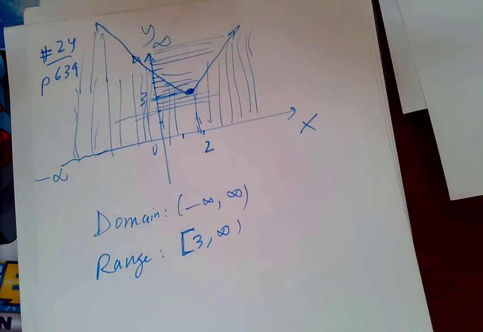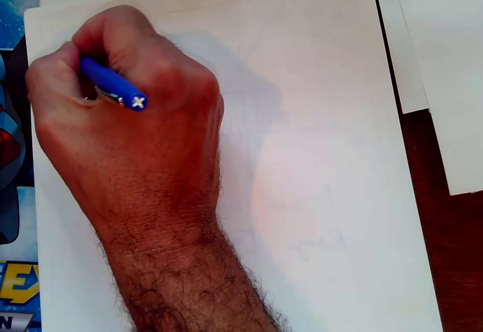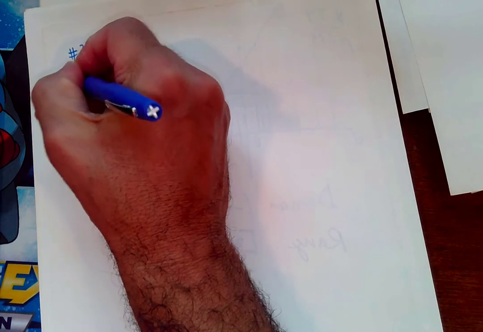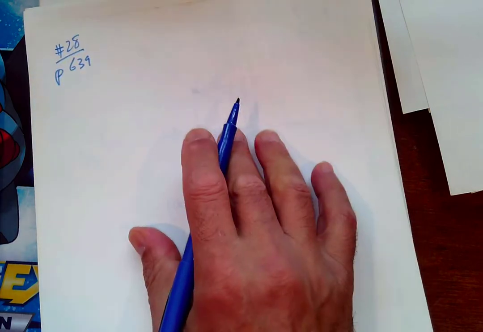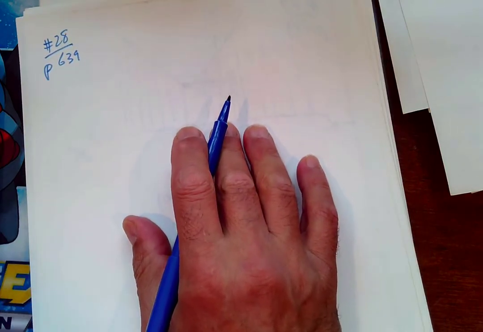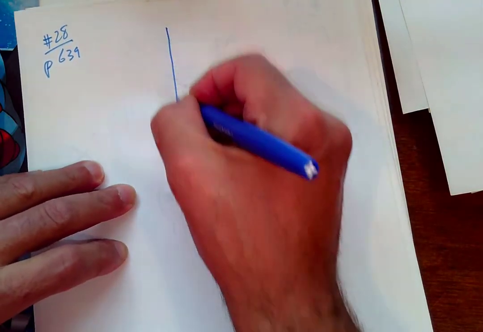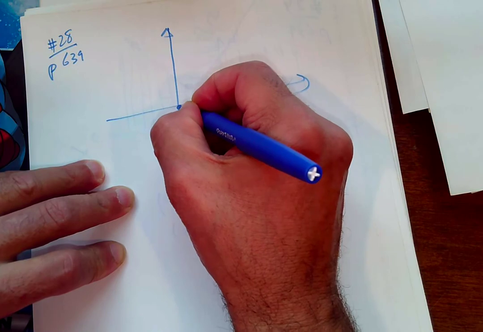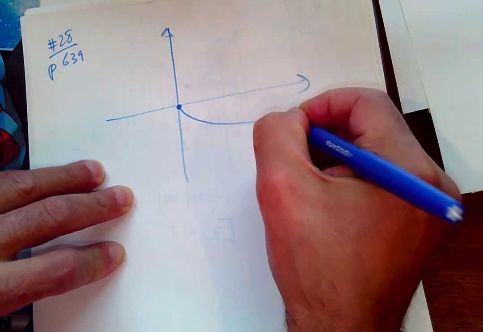So this is just purely about domain and range. Another example, 28, from page 639, again domain and range. It starts at 0, 0 and goes indefinitely this way.